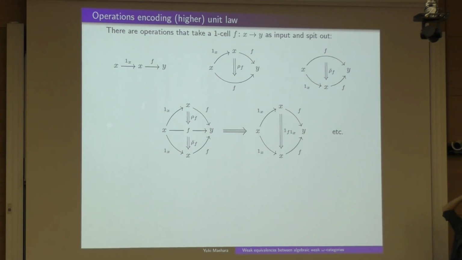So in this way, you can get all these witnesses to the unit law, the witnesses to the witnesses, and the witnesses to the invertibility of these witnesses and so on, and all these things combine to give you a witness for the fact that this rho, and in fact all the higher things, are co-inductive equivalences.